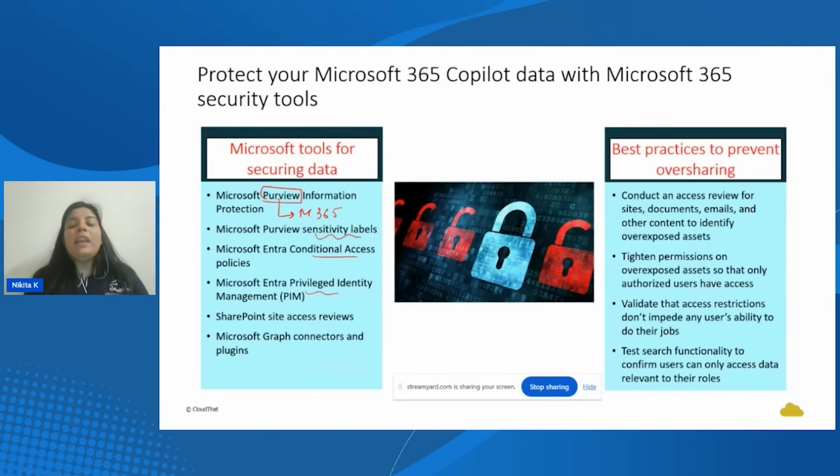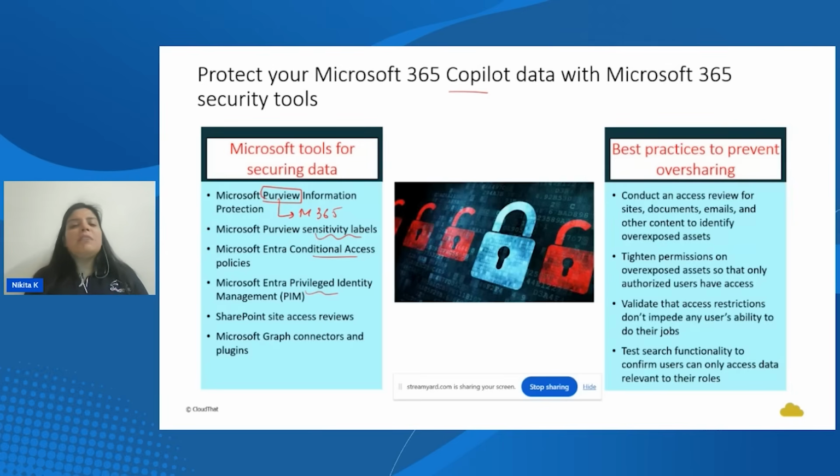For example, conditional access basically means who will have the access to my resources even after having the license. Let's say I have the license, but still I don't have the access to Copilot, or only the devices which are compliant to my organization should have the access.